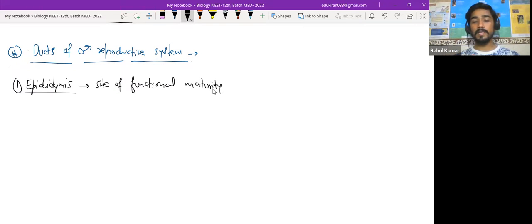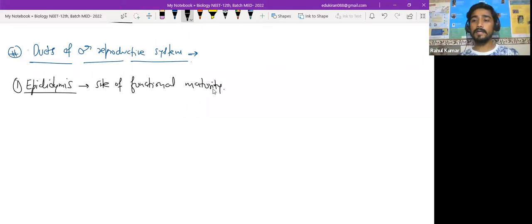In NCERT it's written that spermatids mature into sperms in seminiferous tubules, right? So inside seminiferous tubules, they get mature. And by reading that statement, we think that now it is a mature sperm, very good to go with motility. That's not the case.